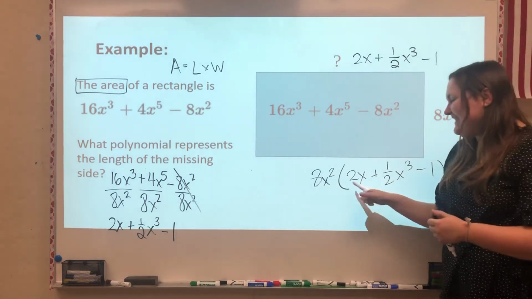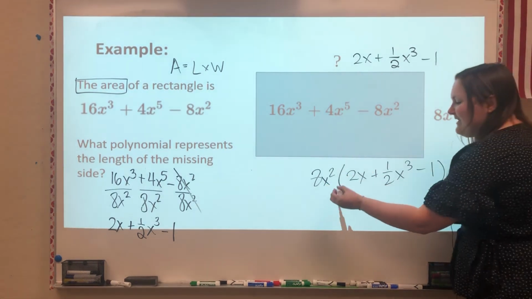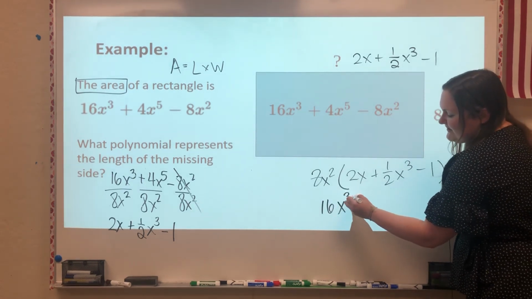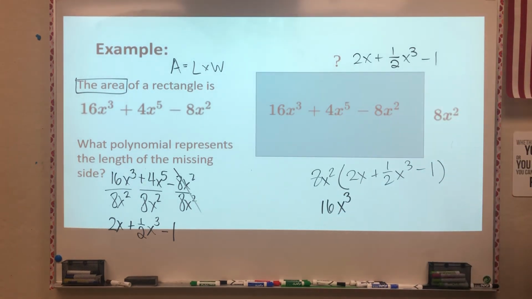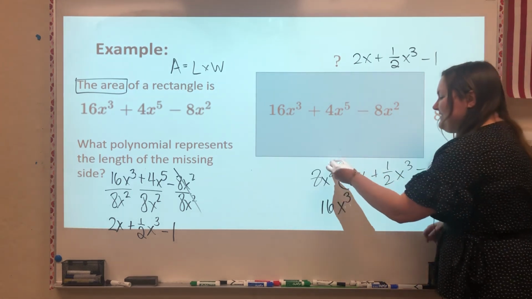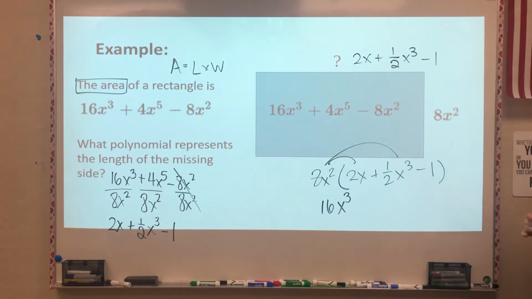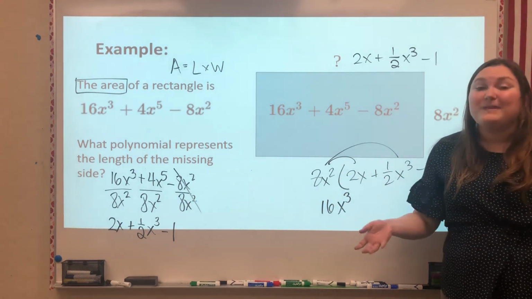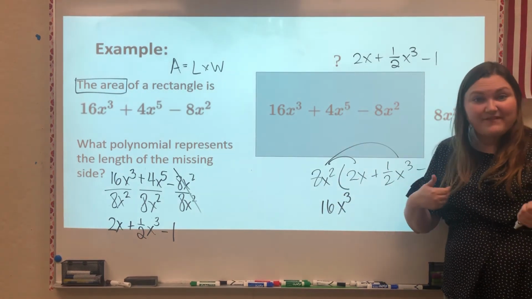If I multiply these together, well, 8 times 2 gives me 16, and then x squared times x. We're multiplying, so I am adding those exponents and getting x cubed. This next one here might look a little tricky because we have to do 8 times 1/2, but remember multiplying by a half is just taking half of that number.